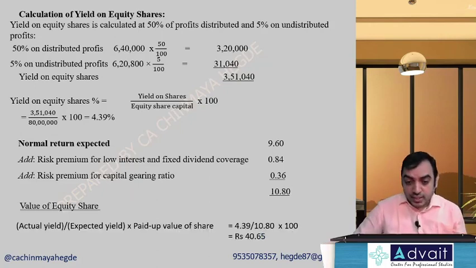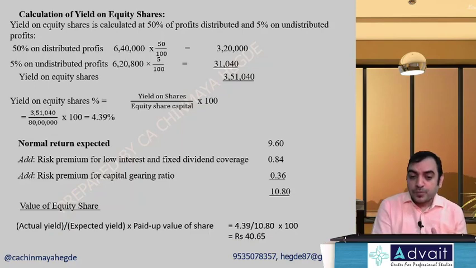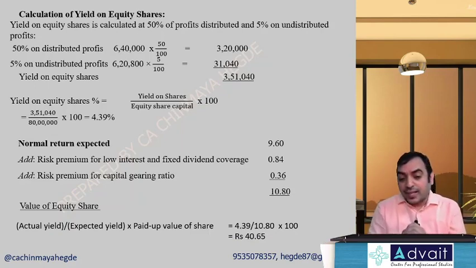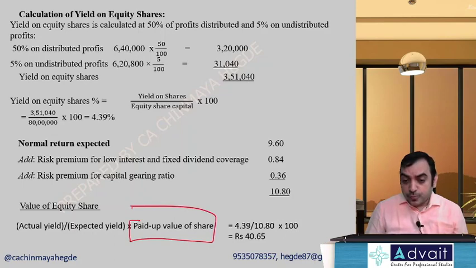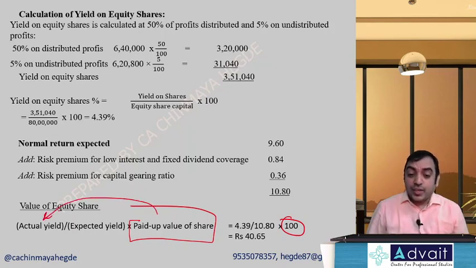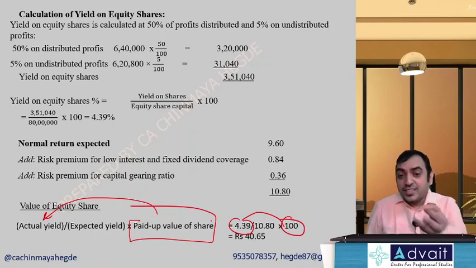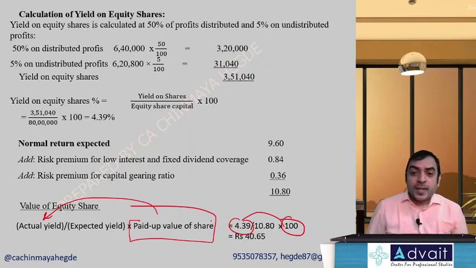The value of equity share is calculated with this formula. I'll tell you how to calculate without this formula also, but as of now you calculate with this formula. That is actual yield by expected yield multiplied by paid up value. The concept is this: on the paid up value, face value per share, 100 rupees multiplied by its actual yield. So 4.39%. On 100 rupees, you expect 4.39% return.